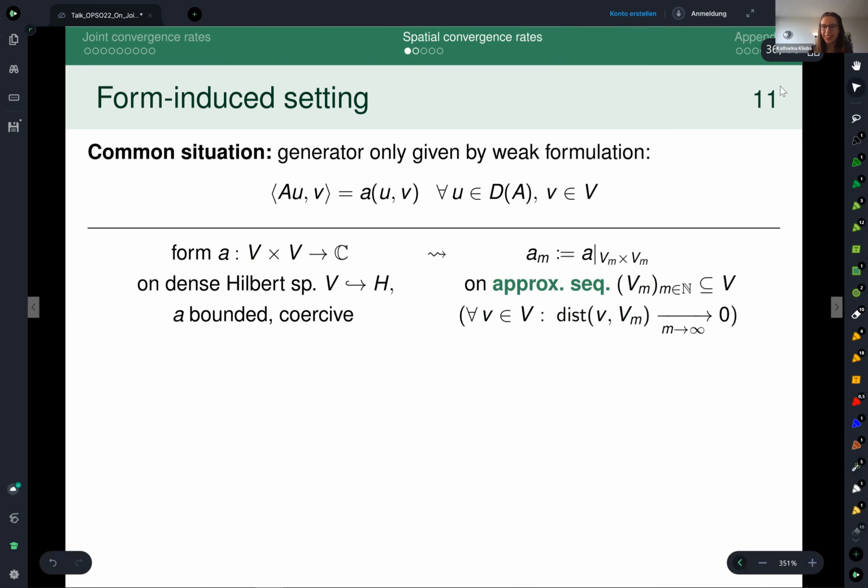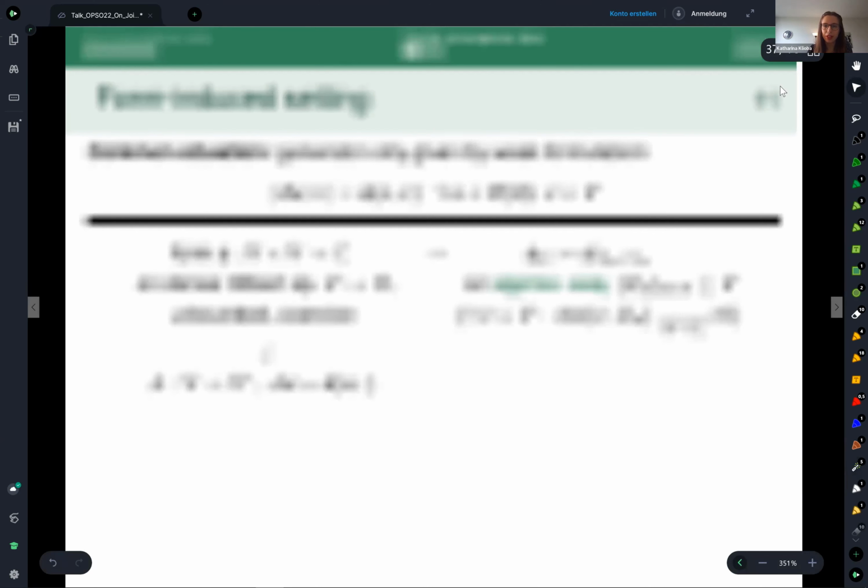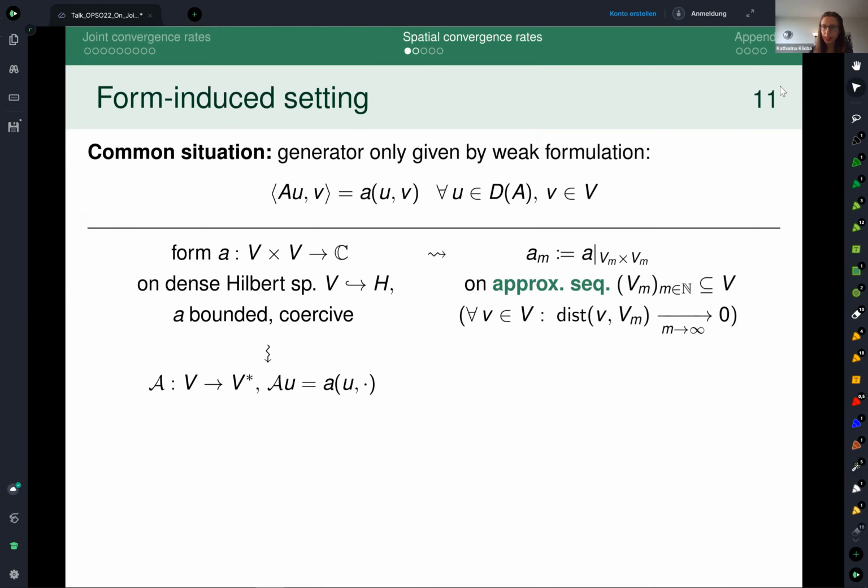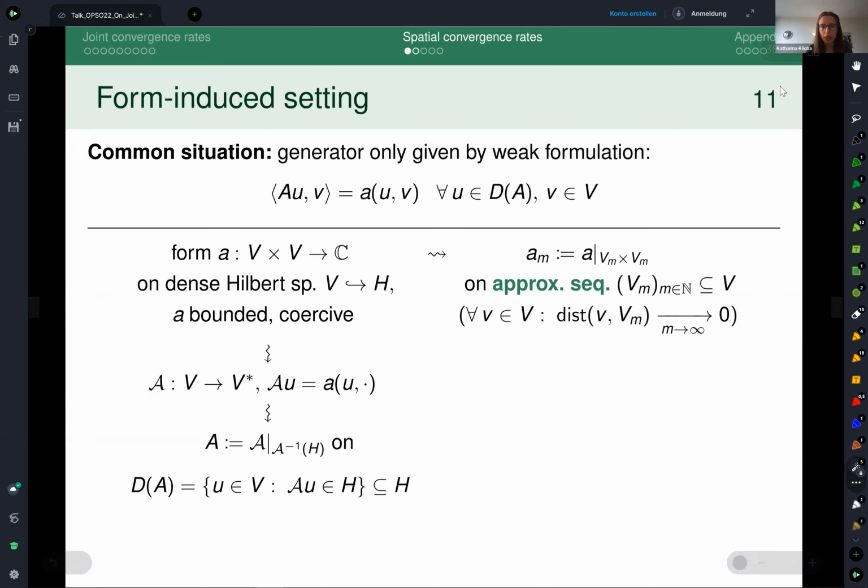So the next task is to construct a generator. For that, we first need an isomorphism, which I denote by curly A, mapping from V into its anti-dual via curly AU equals the form with only U given as the first input parameter. And it turns out that the right way to associate a generator with that is by restricting this curly A to the pre-image of H under it.